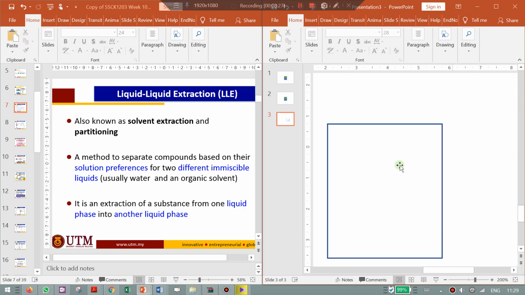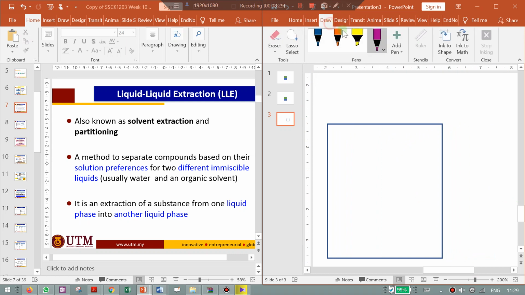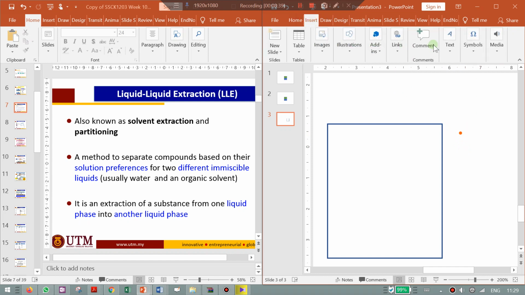Let's say in the other container you have your sample.